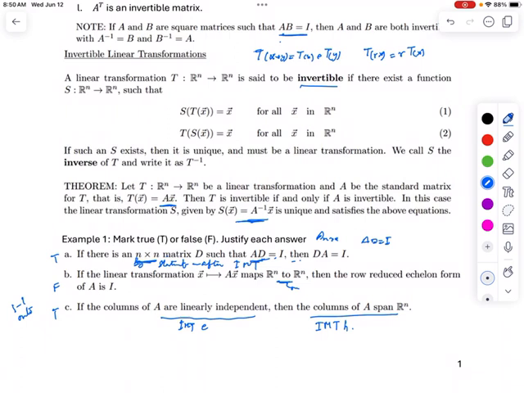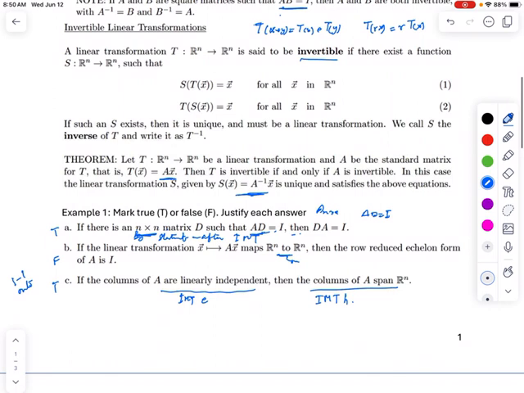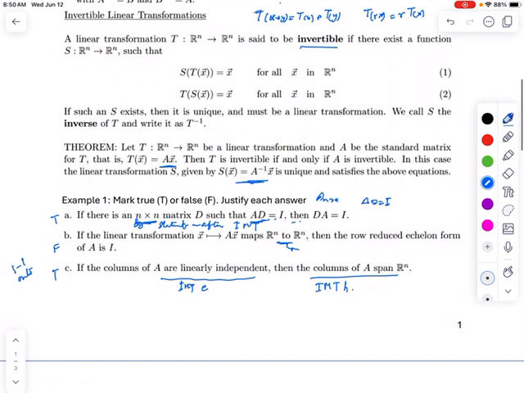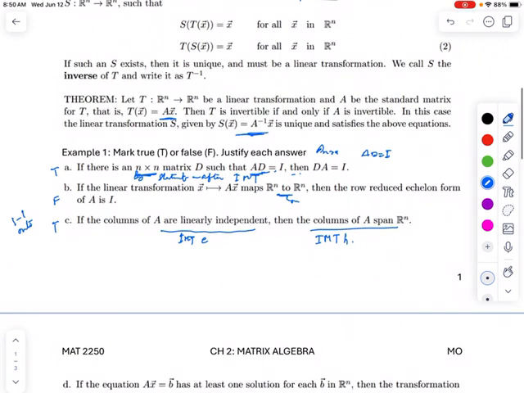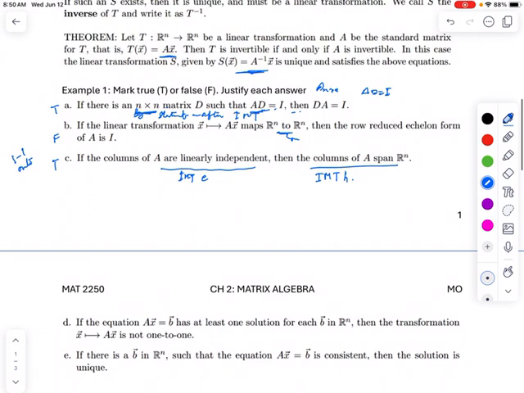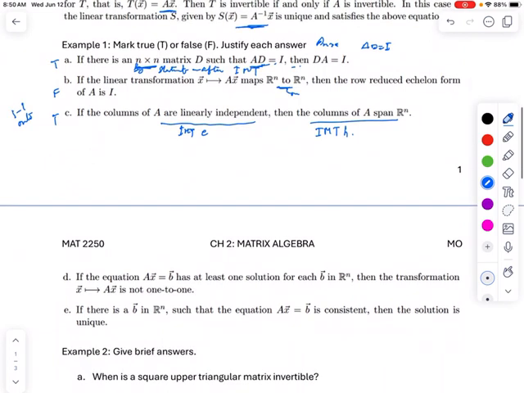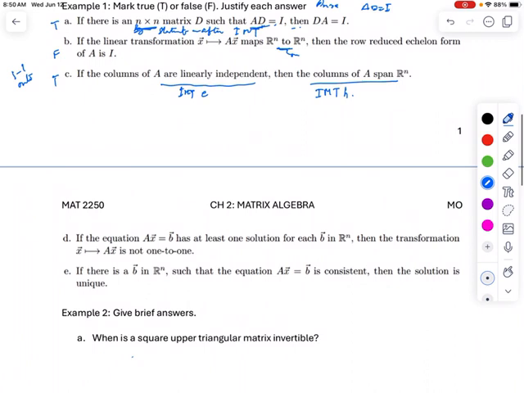Let's look at the next ones. Okay, so the next one is saying if the equation Ax is equal to b has at least one solution for each b in Rn.